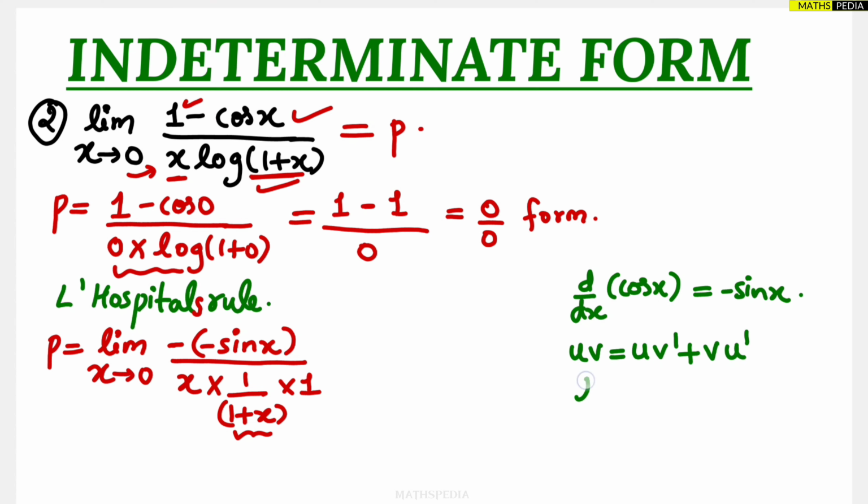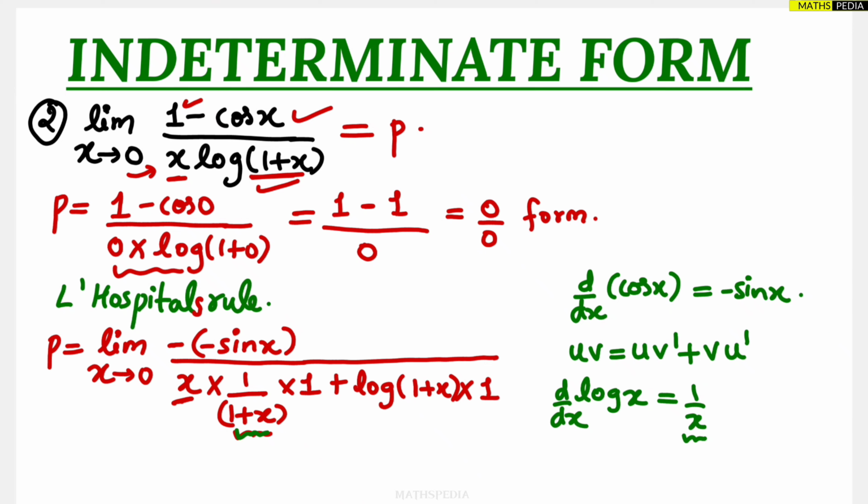So what rule are we applying here? The differentiation of log x is 1 by x, but in place of x, 1 plus x was sitting, that's why I differentiated again. Okay, chain rule. Plus second function as it is, so log of 1 plus x into differentiation of first, that is x differentiation, 1.